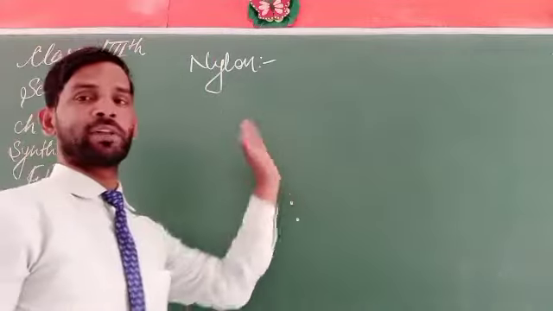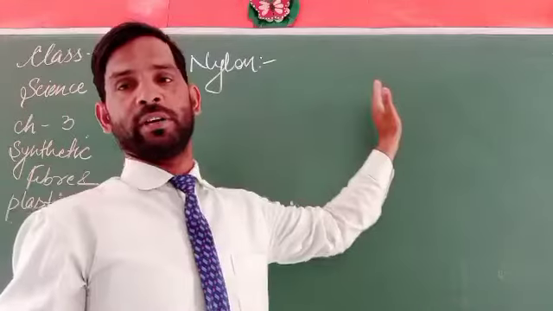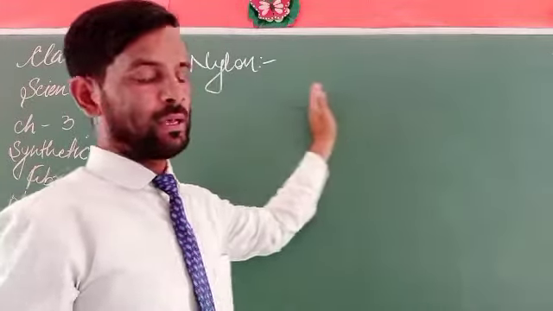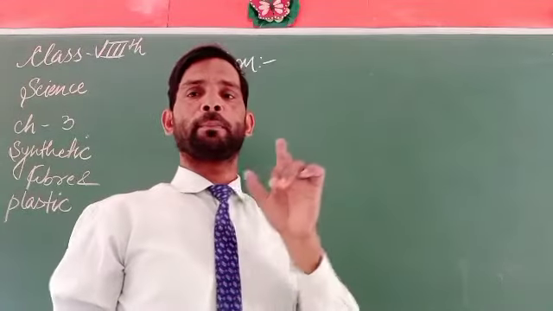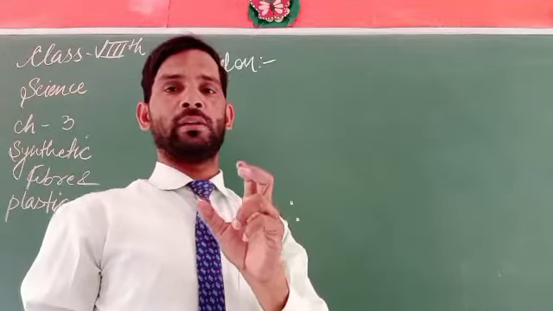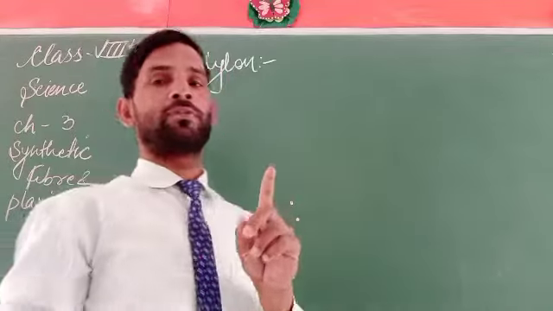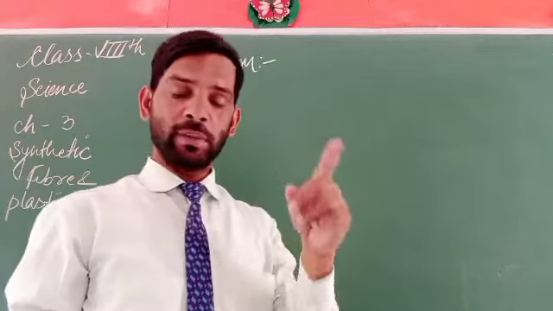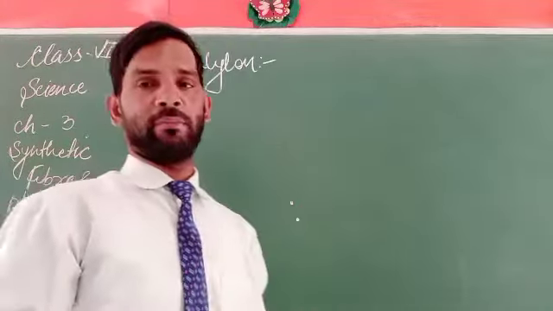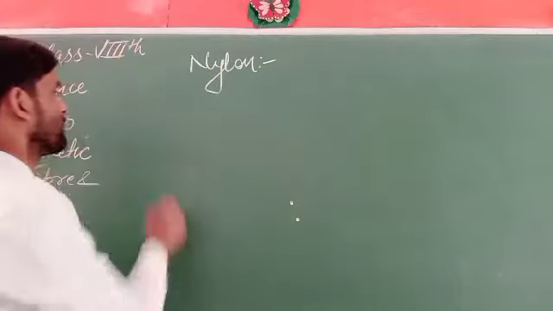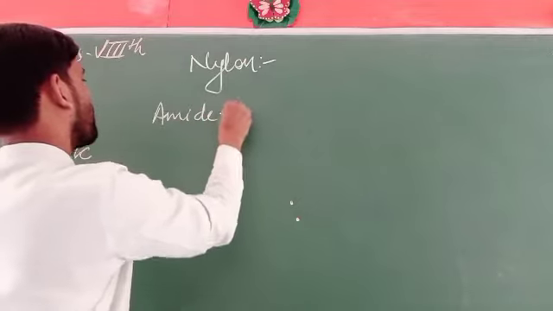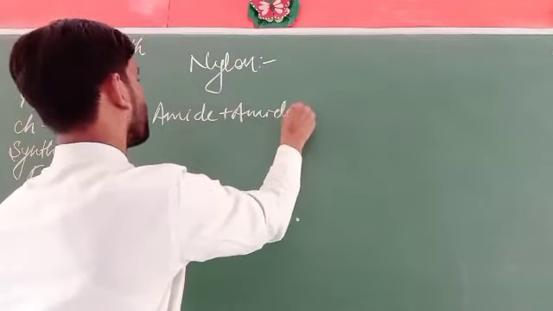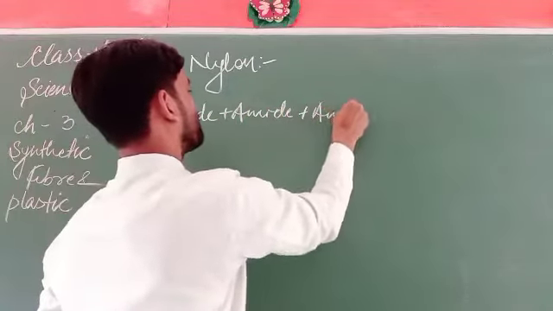It is made up of the repeated unit of monomers. Monomer means single. That means a single type of amide has to be repeated time to time. So suppose if there is an amide, then another amide, then another amide.